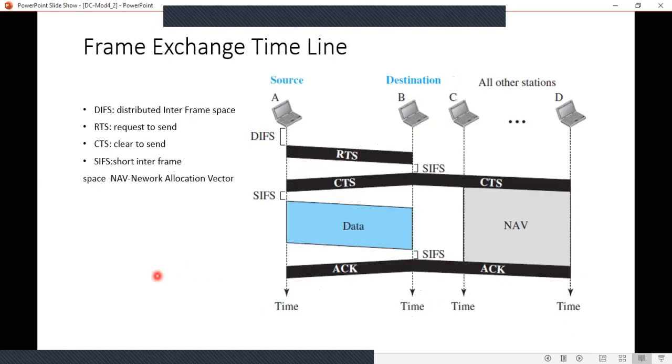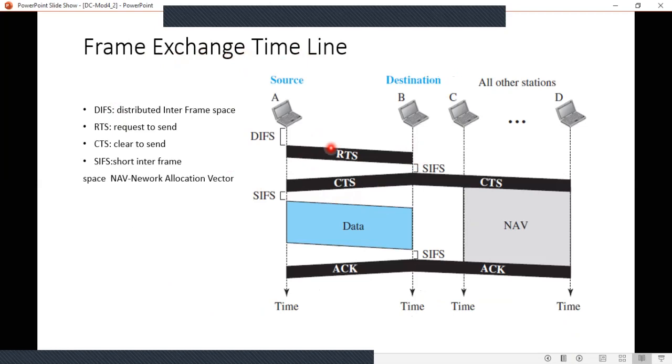Next is the frame exchange timeline. This figure shows the exchange of data and control frames in time.